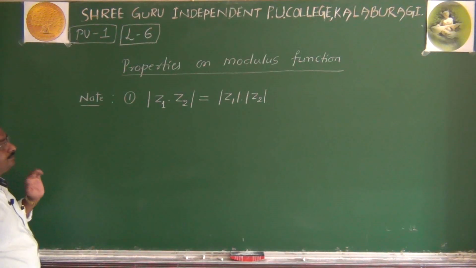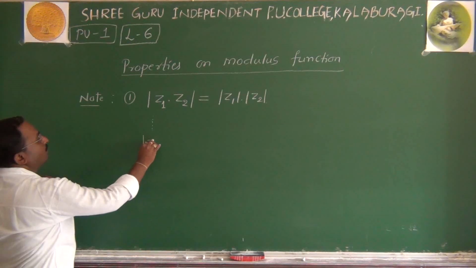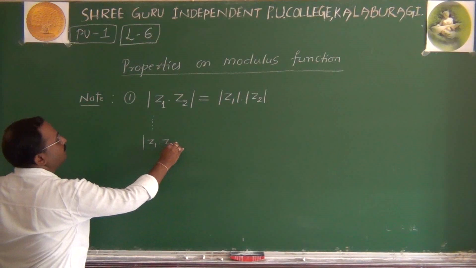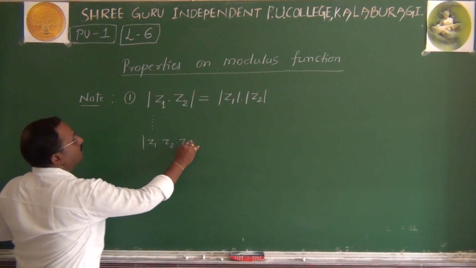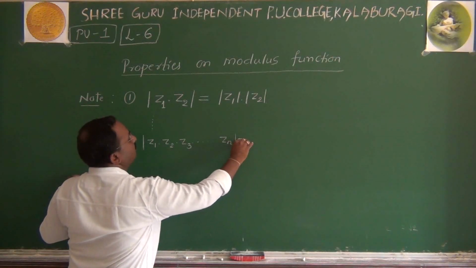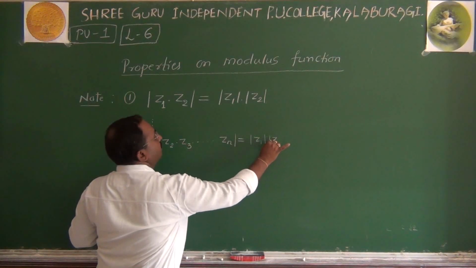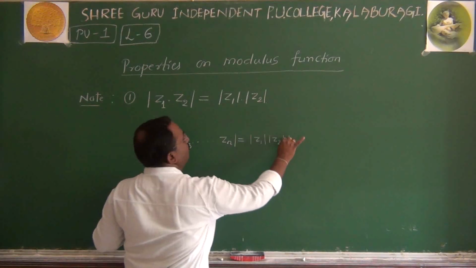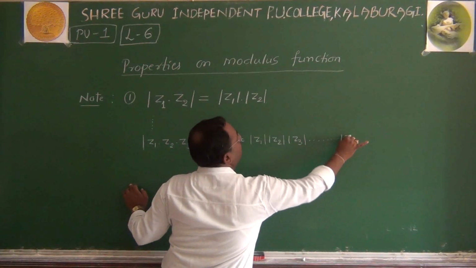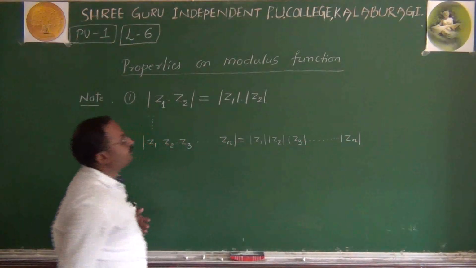In general, the modulus of z1 into z2 into z3 into z4 up to zn is equal to modulus of z1, modulus of z2, modulus of z3, up to modulus of zn.